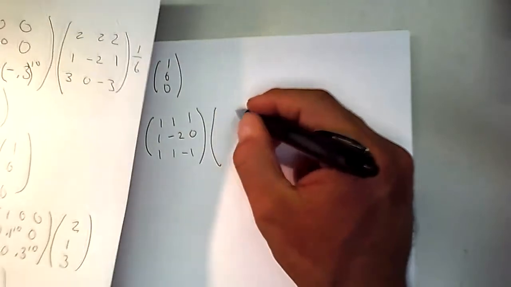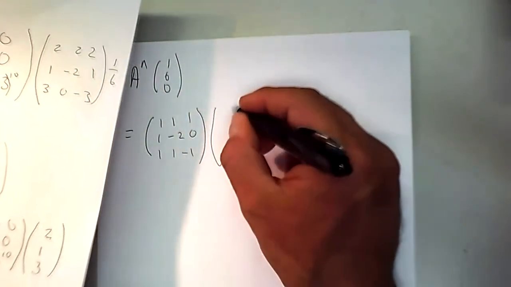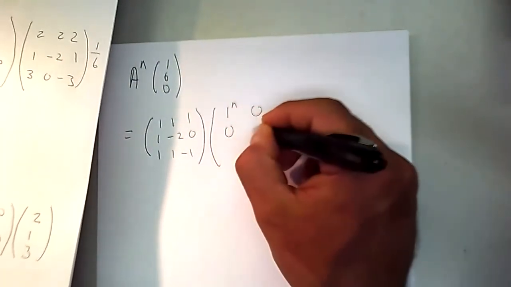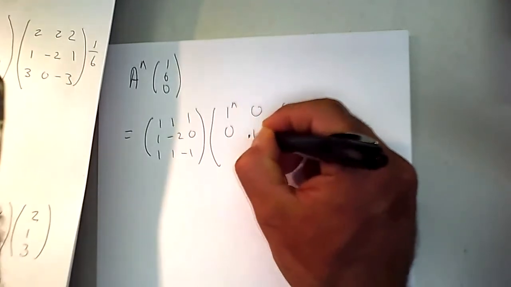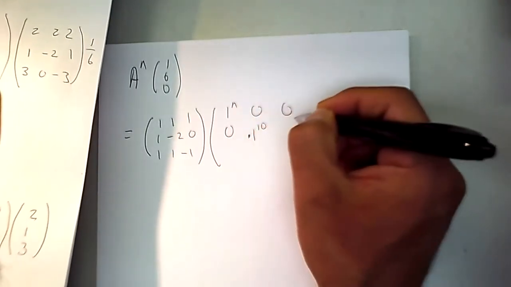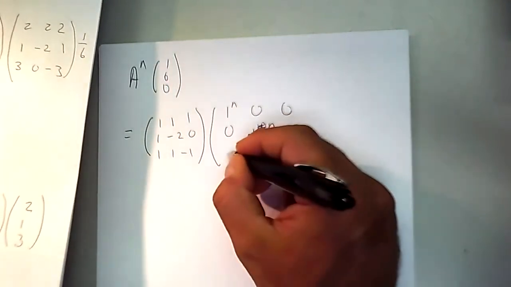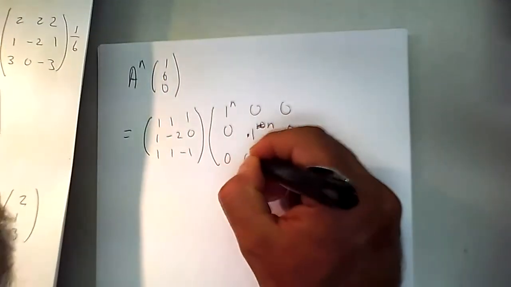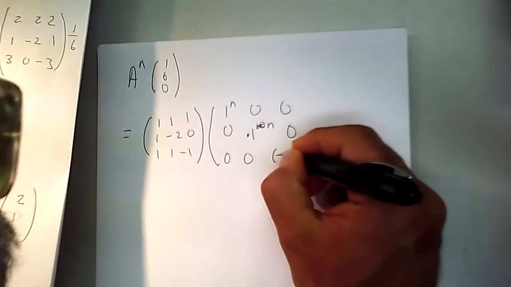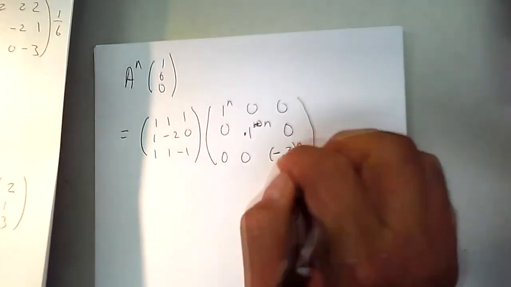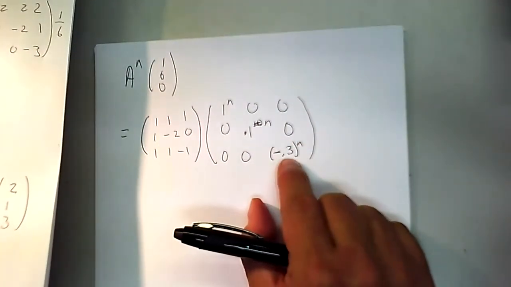Now here's the key, here's where the n shows up. It is going to be the diagonal matrix with 1 to the n, 0.1 to the n, and negative 0.3 to the n. This time I did not forget the parenthesis.